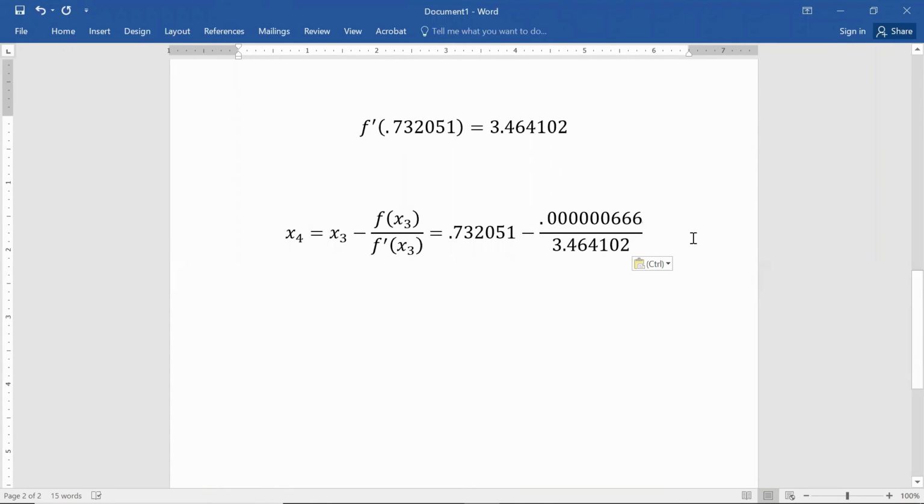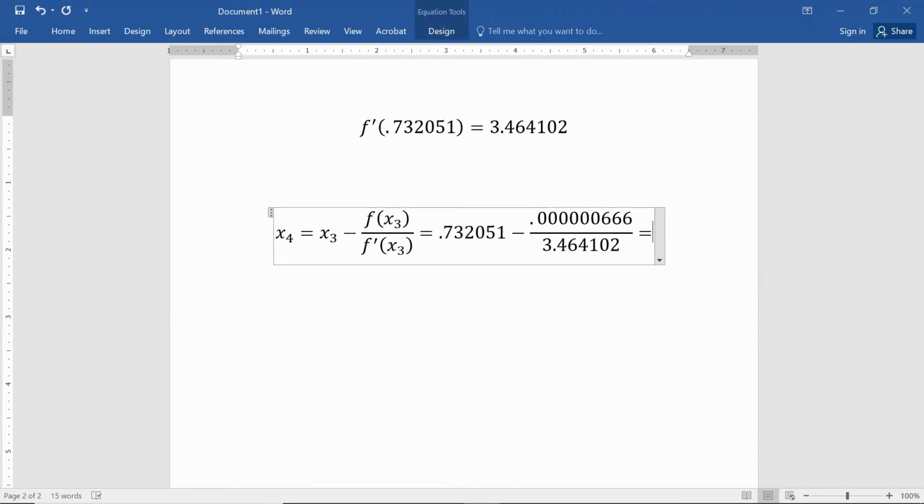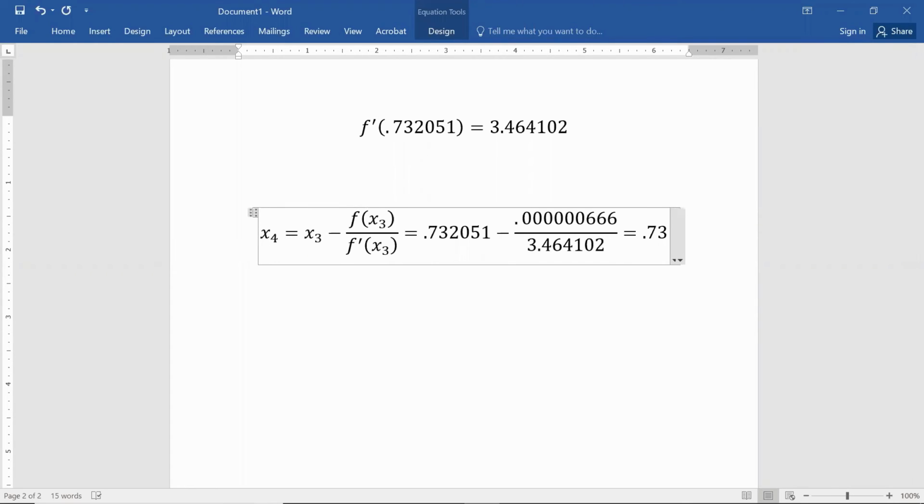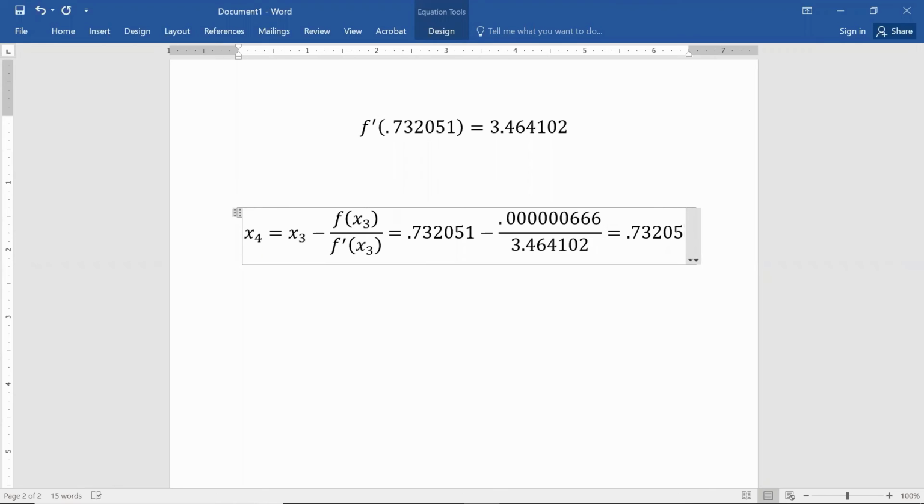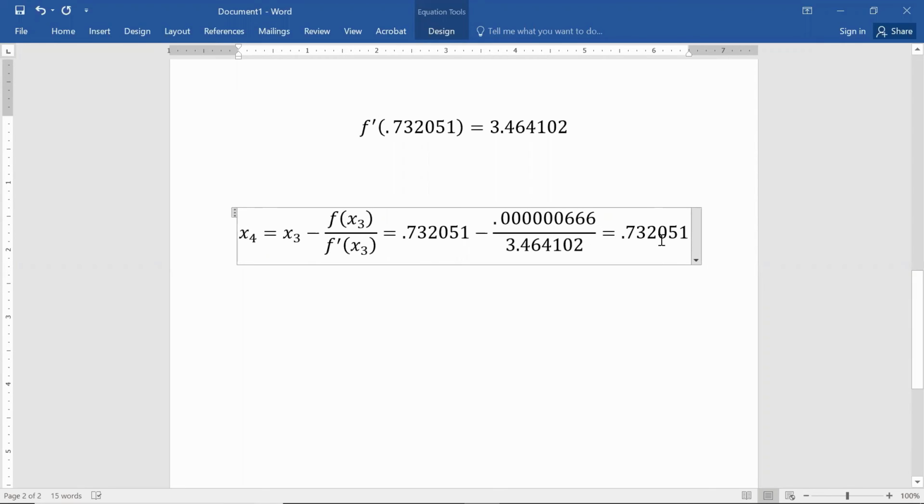I'm rounding to 6 decimal places, but if you rounded to more decimal places, you'd probably get slightly better, more accurate results here. That's okay. When I round to 6 decimal places, 0.732051. Notice what happened here.